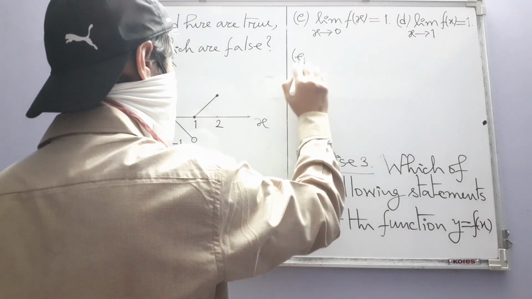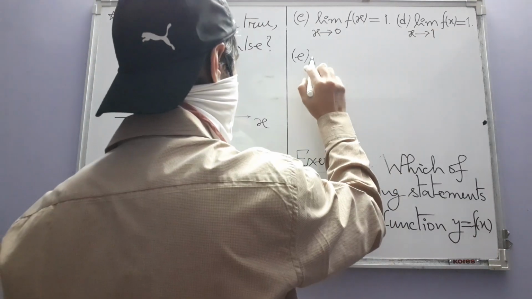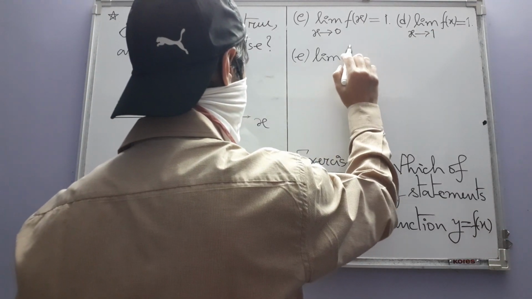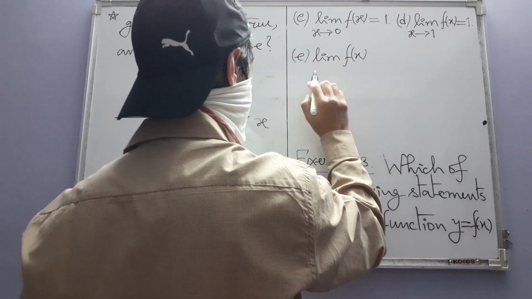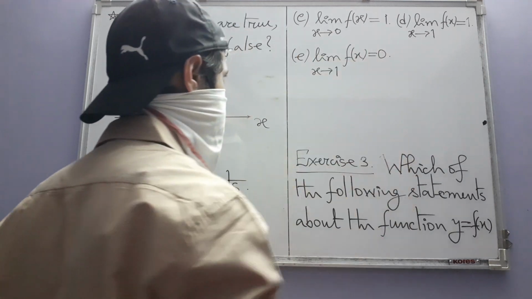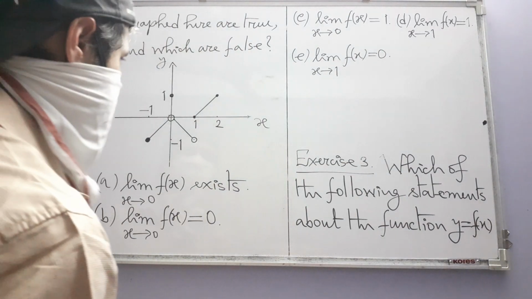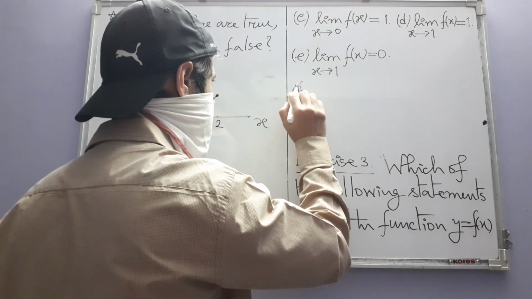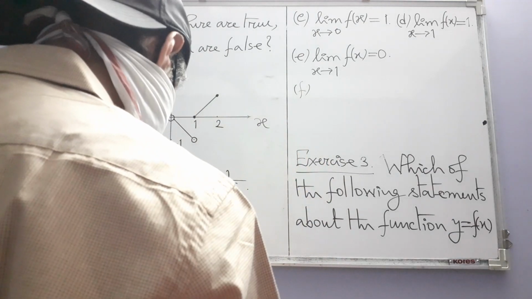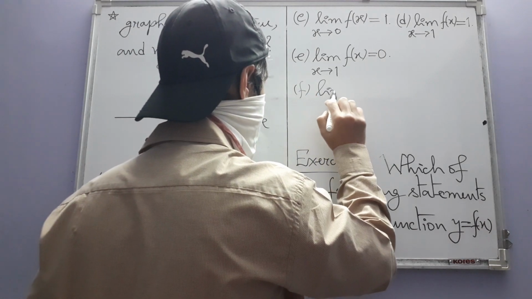Then part E, that this limit is 0. And part F is a statement which is slightly longer, and it's a little general.